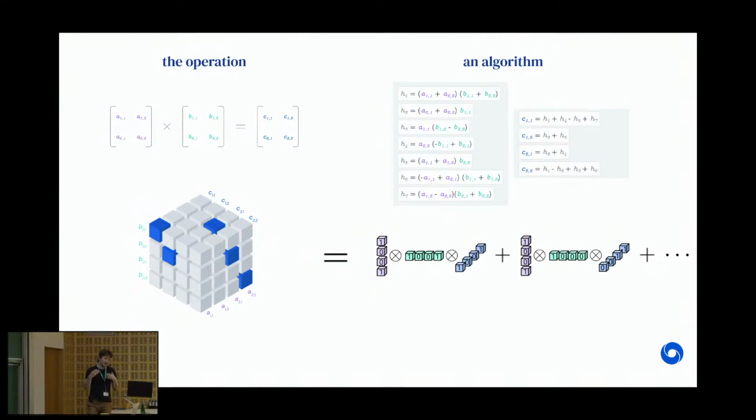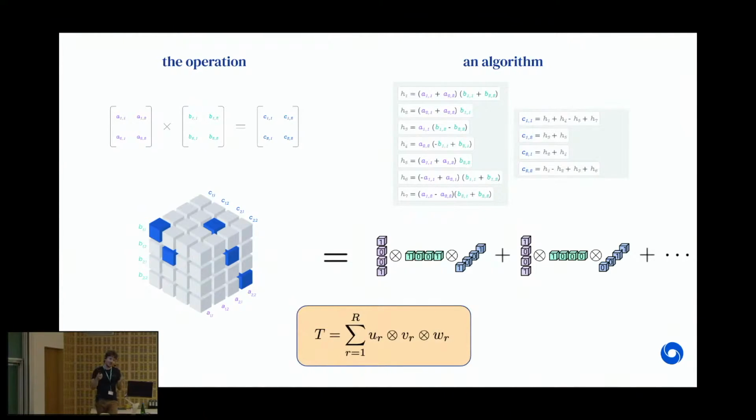And so in this tensor language, we can rephrase Strassen's discovery of 1969 as saying that the matrix multiplication tensor of multiplying two 2x2 matrices has rank 7 instead of 8, meaning that it can be decomposed into 7 rank 1 terms rather than 8. So to summarize, we can phrase the problem of discovering algorithms for matrix multiplication as the following simple mathematical problem.